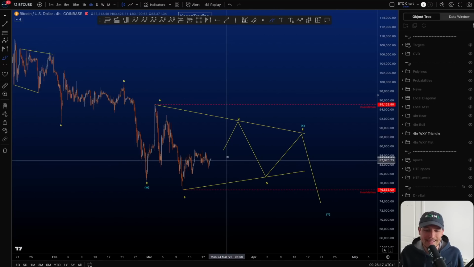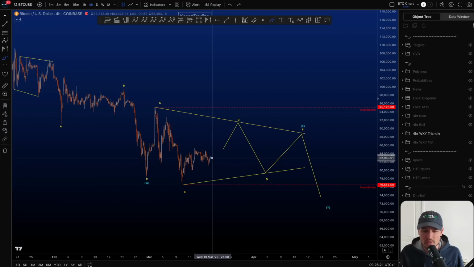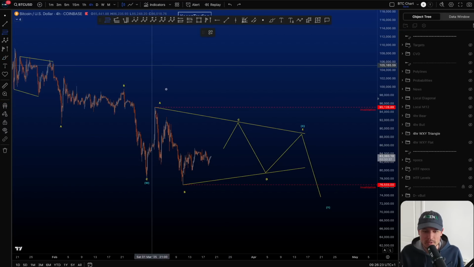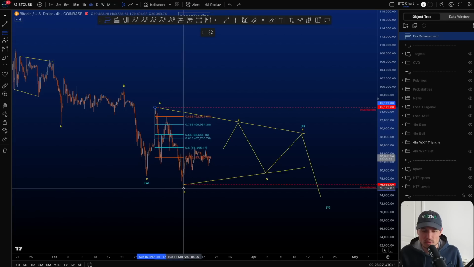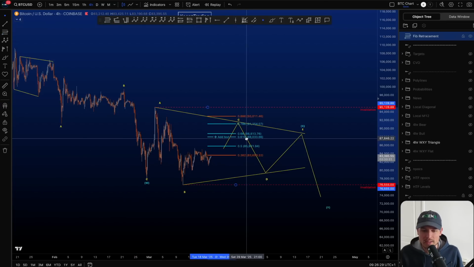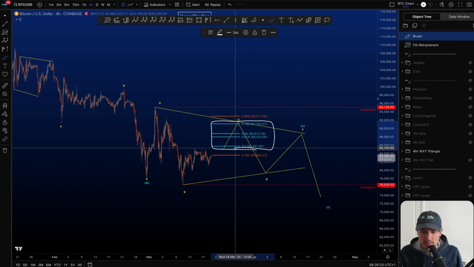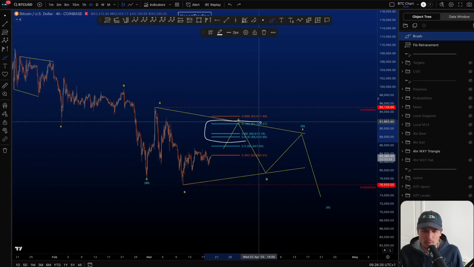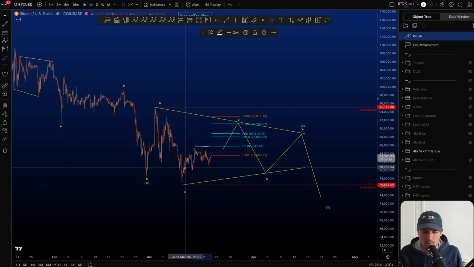Now, preferably in this scenario, your wave C is not yet finished and you still get another leg towards the upside. The common target for a wave C, a wave D, and also a wave E in a triangle is generally around the 0.5 to the 0.786, and most commonly the golden pocket 0.786 is a nice area as a target for C, D, E. But you can see that even here with this move towards the upside, price did not even touch the 0.5 yet.